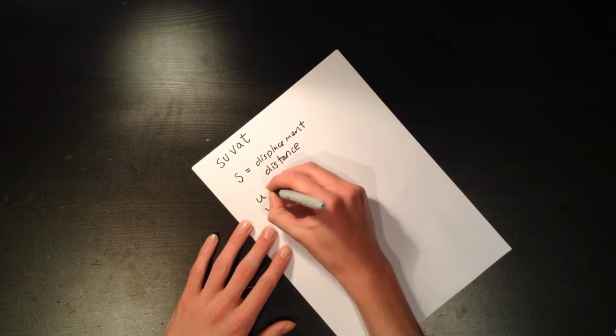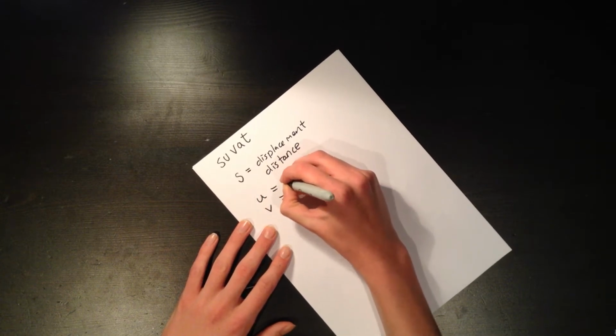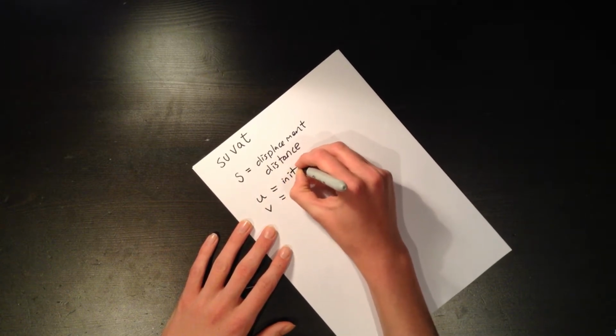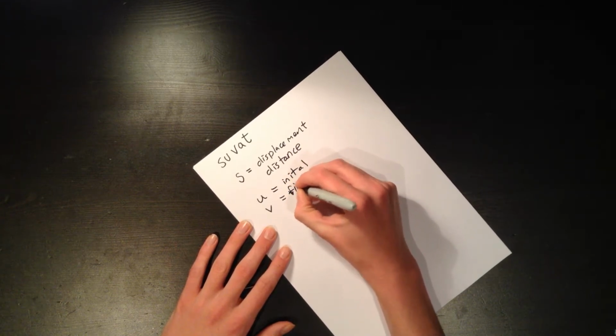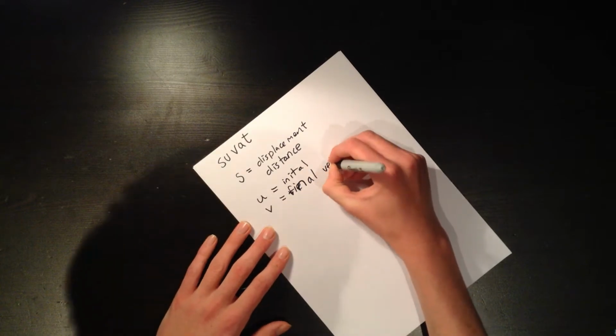And U and V are quite similar, but also quite different. They are initial velocity and final velocity.